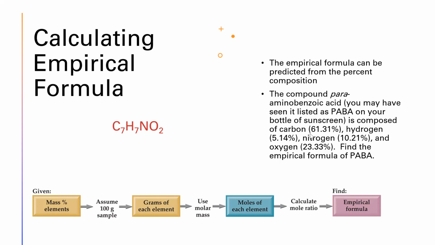For example, because we have 61.31% of carbon, which means from 100 grams of PABA, we have 61.31 gram carbon.